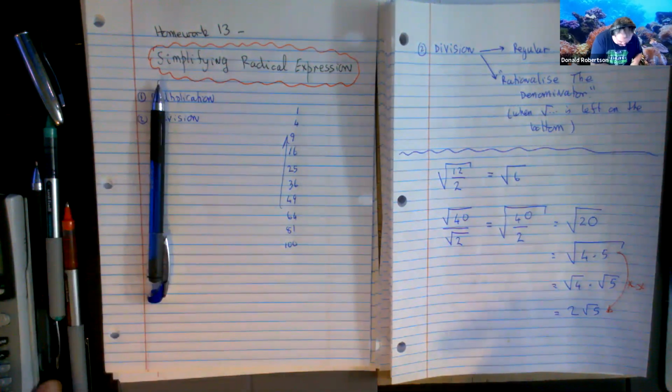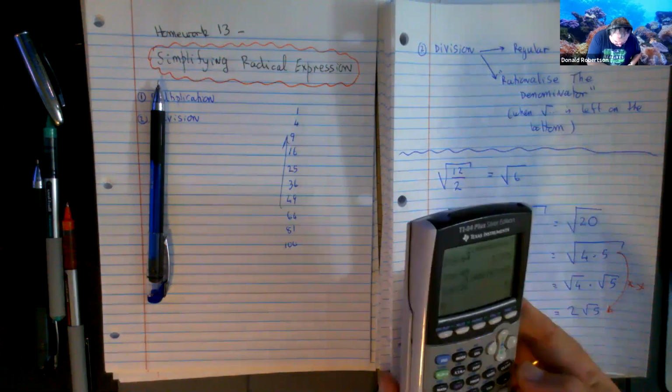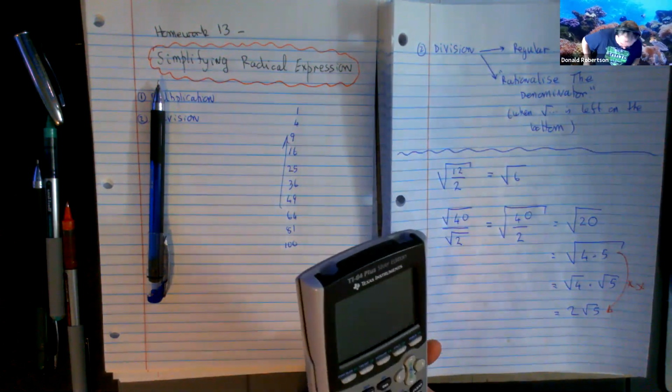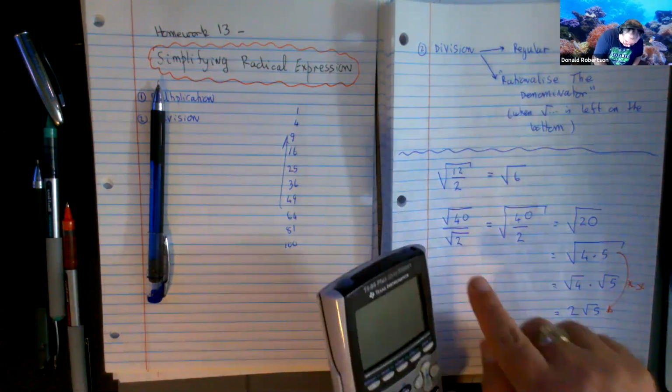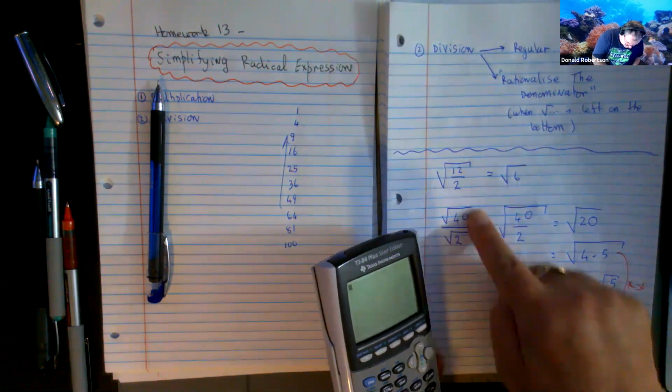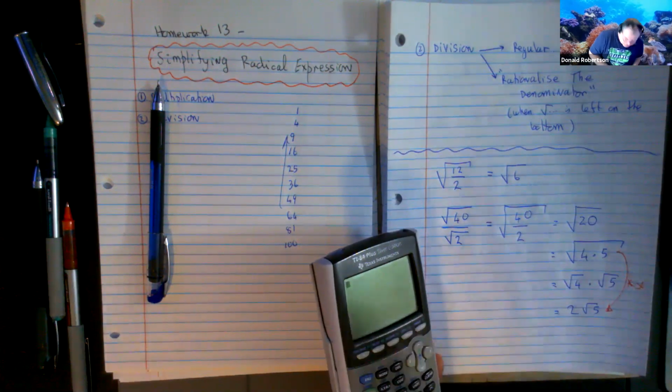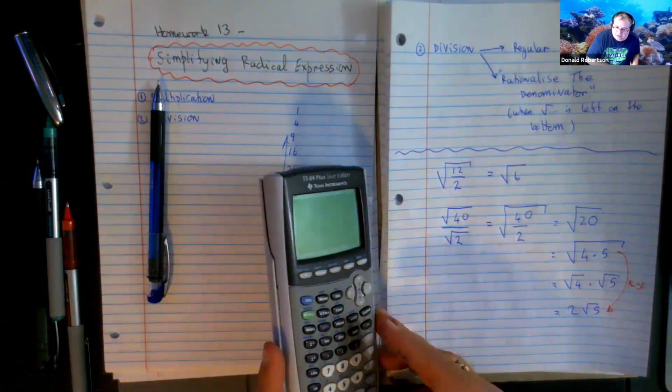Now, I kept deliberately away from calculators, but I want to show you one thing that you can do with a calculator. Suppose you had an ugly combination of numbers and you have a nice answer, but your times table's a bit shaky and you want to just be sure that you did it correctly.